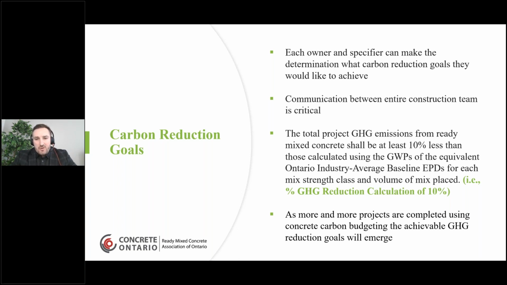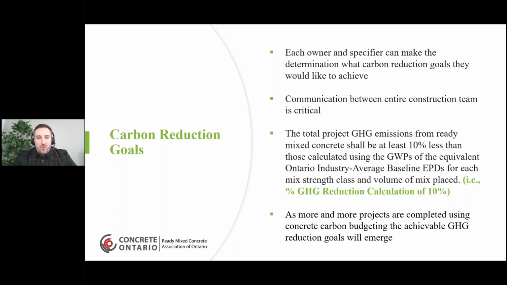Bart talked about the Treasury Board, and as a general industry guideline, we are advocating for a 10% reduction on projects currently. That is something the Treasury Board will be putting out in their new specification, which hasn't been finalized yet. But overall, 10% reduction is a reasonable reduction goal currently, as we are still gathering a lot more information about carbon budgeting, whether the baselines are really reflecting accurately how everything is going to work.